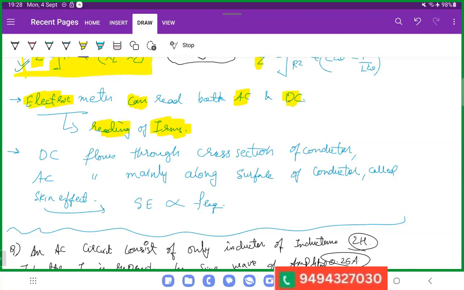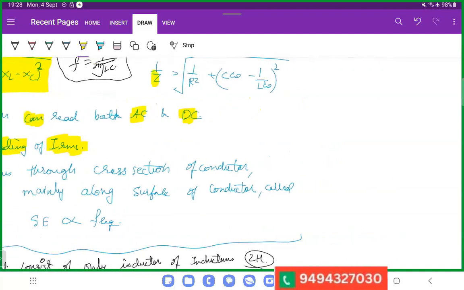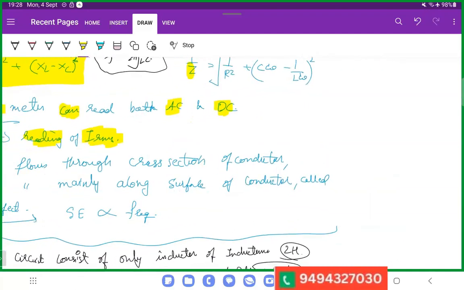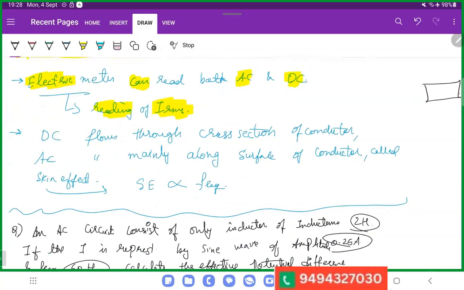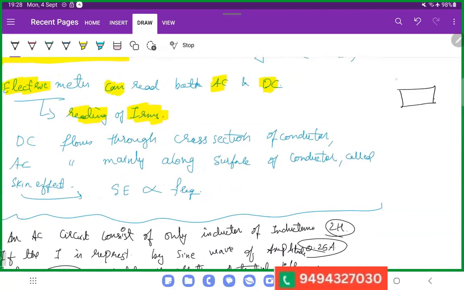Now, the main difference: this is any conductor. If I pass a DC current, the electrons flow in a uniform manner.